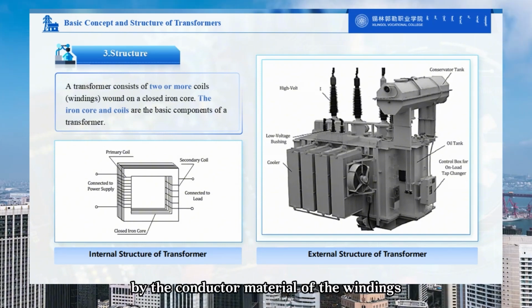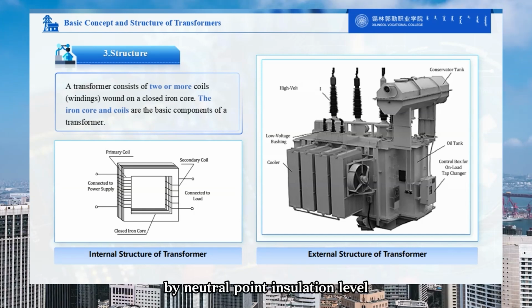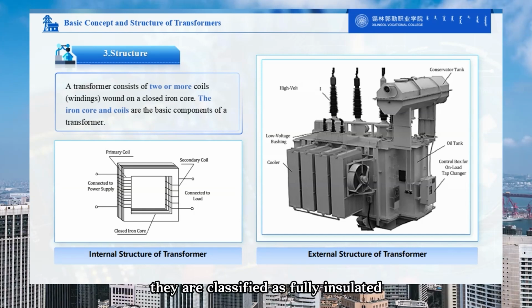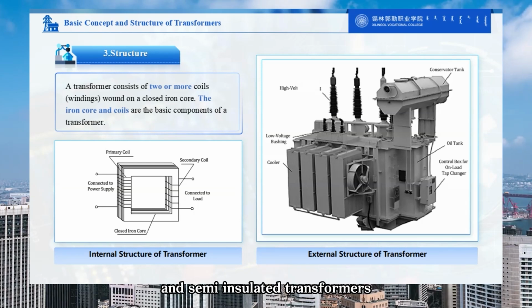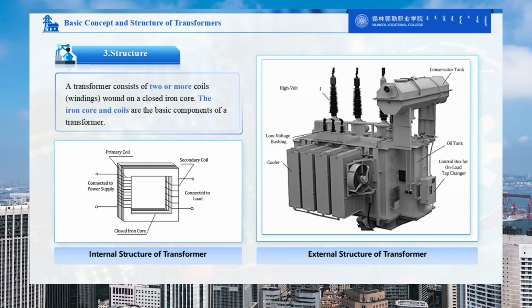By the conductor material of the windings, there are copper wound and aluminum wound types. By neutral point insulation level, they are classified as fully insulated and semi-insulated transformers. However, although there are many types of transformers, their basic principles and structures are almost identical.